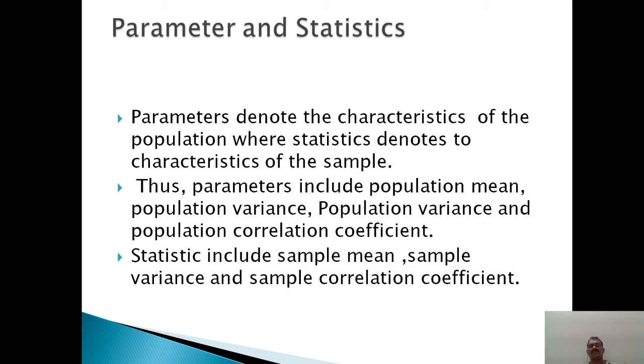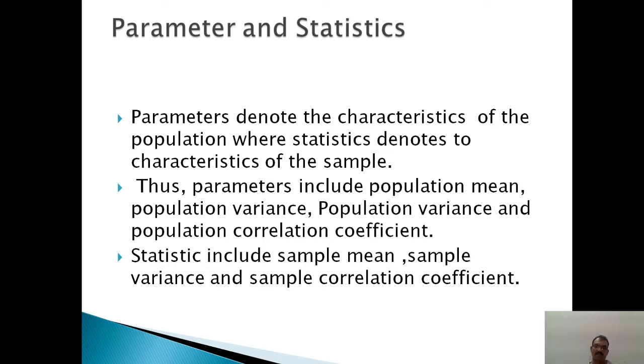Parameter and statistics. Parameters denote the characteristics of the population, whereas statistics denotes the characteristics of the sample. The measurement of population is called parameters.